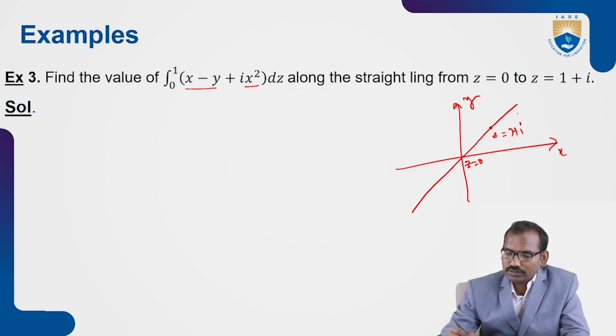A straight line passing through these 2 points is what? It is nothing but y is equal to x.